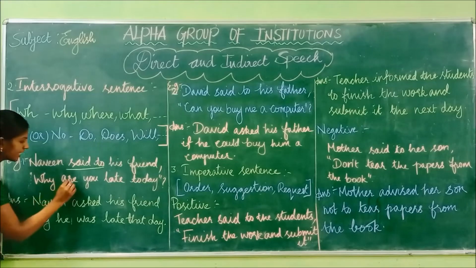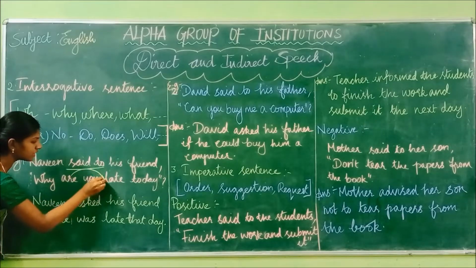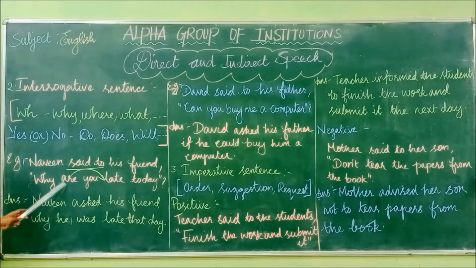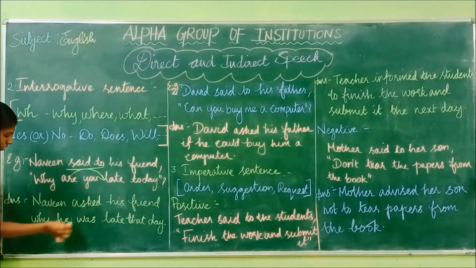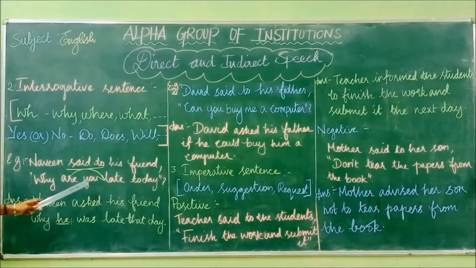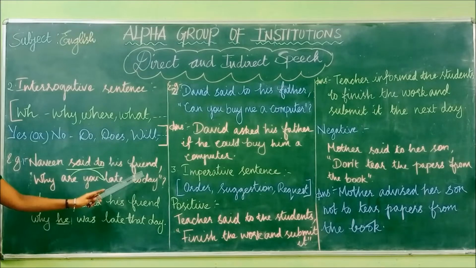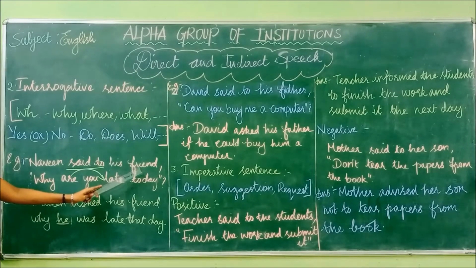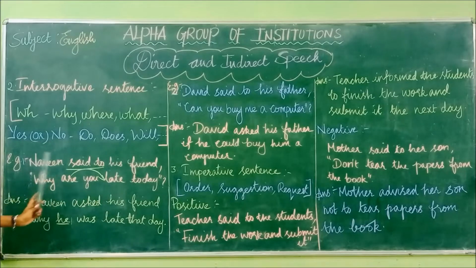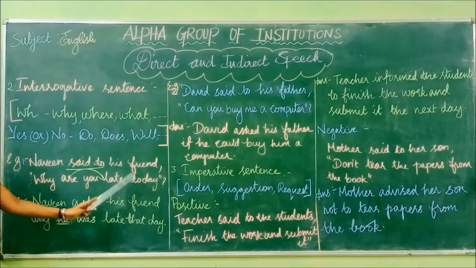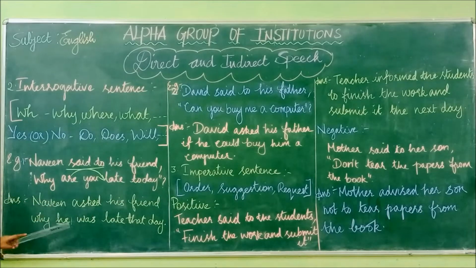Why? And this R would go after this U. So now you would be changed to he, because you refers to Naveen's friend. Naveen's friend must have been a boy, right? Naveen is talking to his friend, so he must be a boy. So we are writing why he was. So the pronoun for his friend is he.